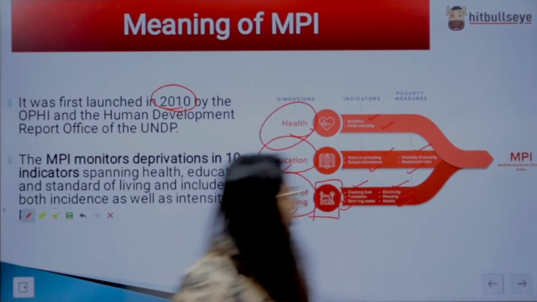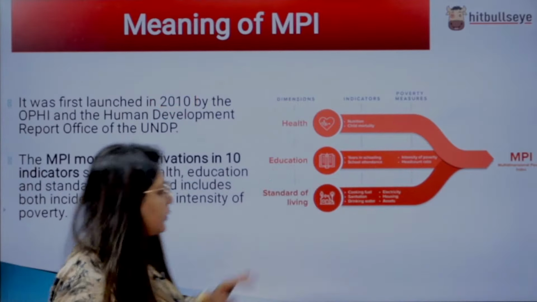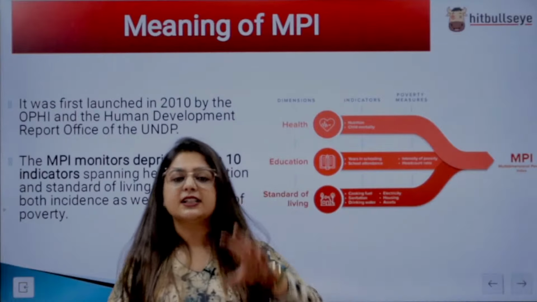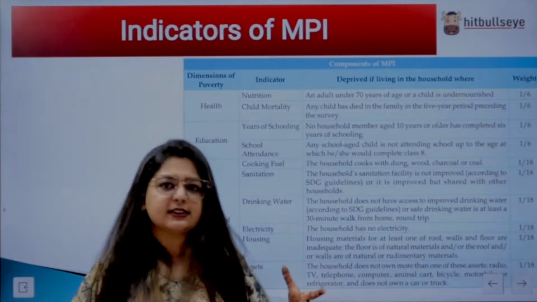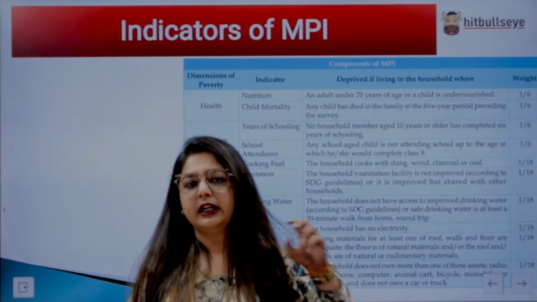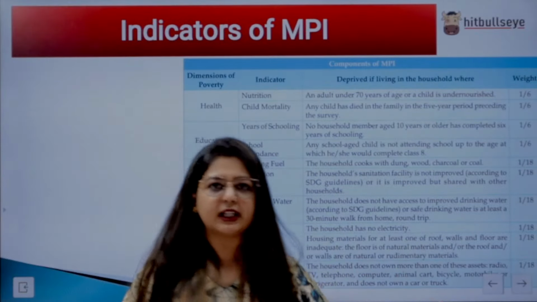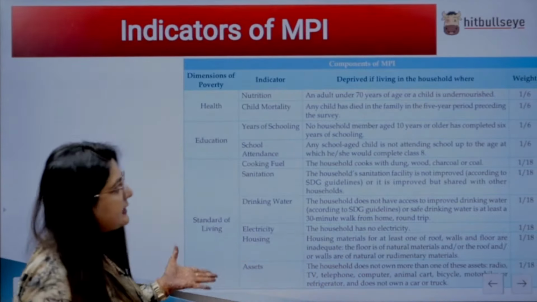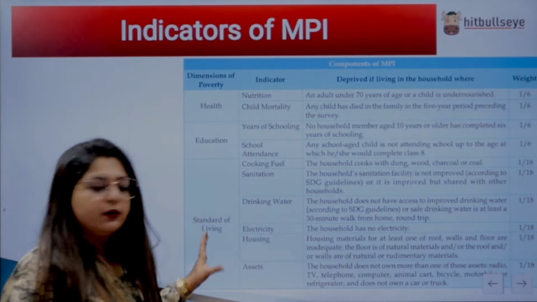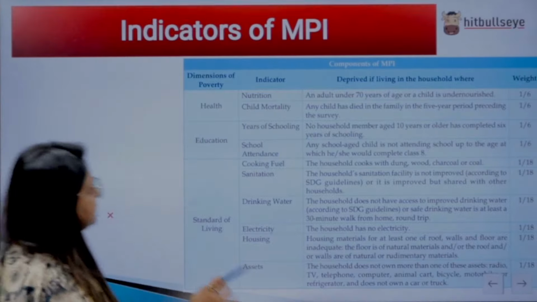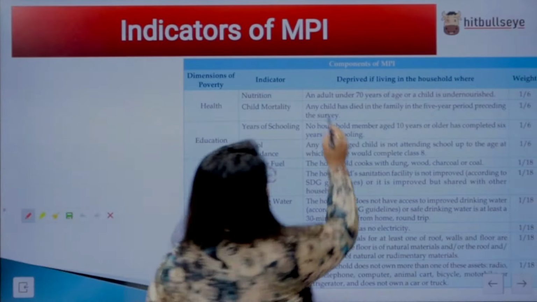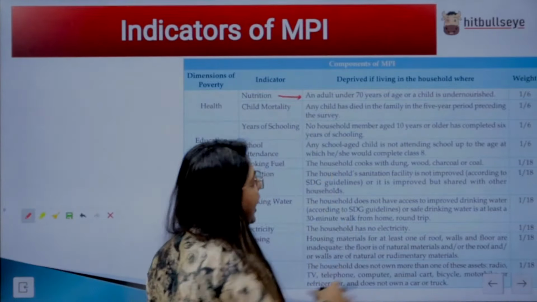So moving further to the indicators, now these indicators are given a specific weightage in the overall score, which tells us that this particular indicator will be given this much weightage. As you can see here, this is a chart which defines, for example, the nutrition, how do we check it?